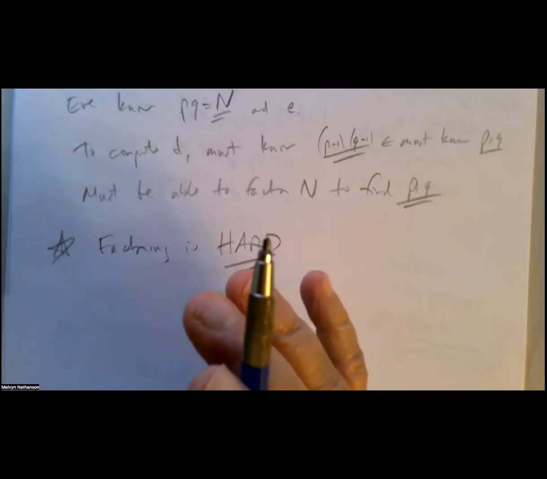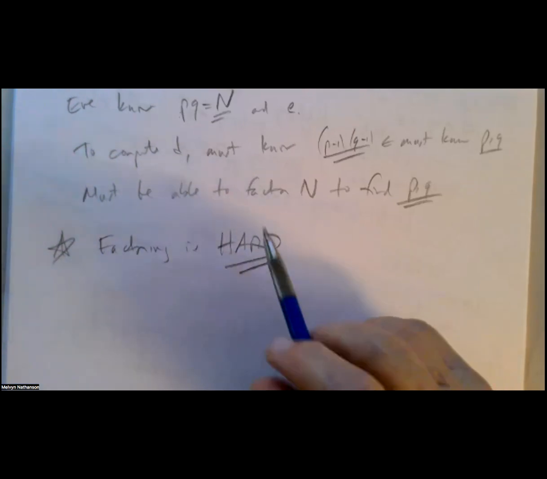Doesn't mean it's impossible. You can take your number N and divide it by 1, 2, 3, not 1, not 2, it's going to be odd, 3, 5, you can just divide it by numbers until you find a factor. And you're bound to find a factor. The only problem is how long will it take?